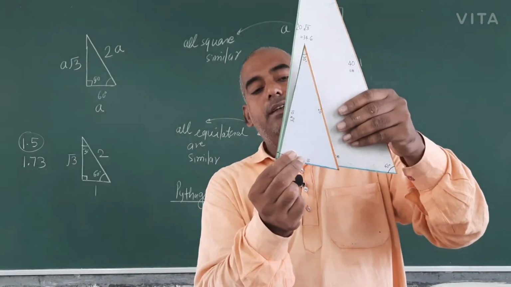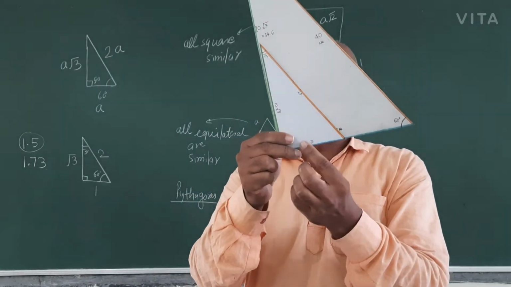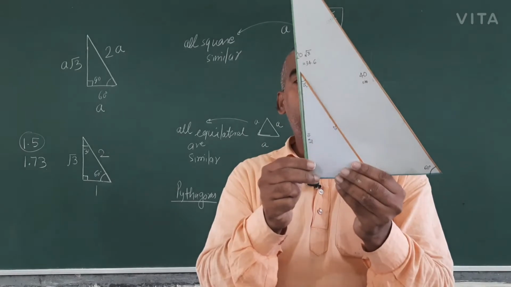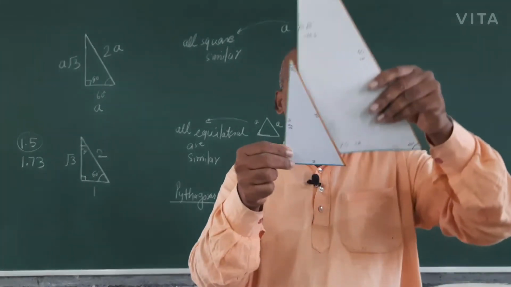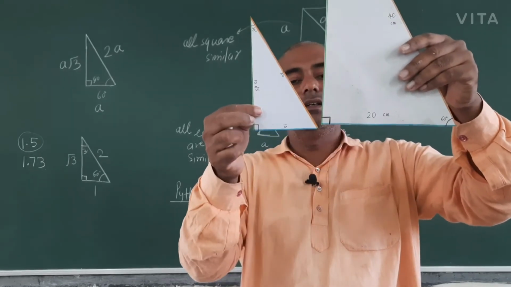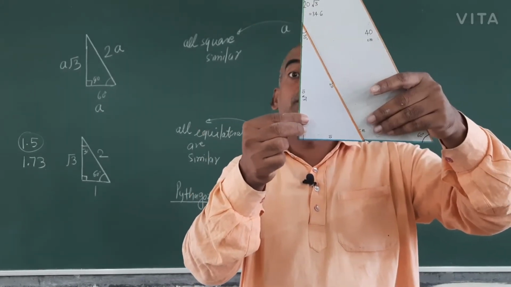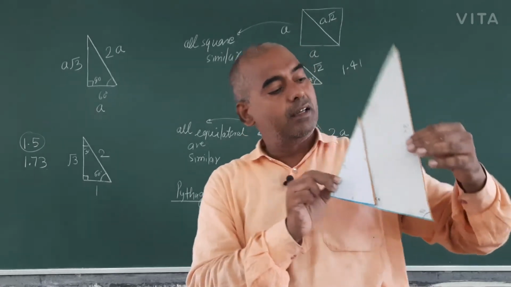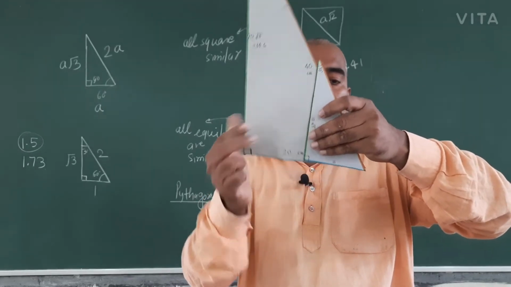This was 10, this was 10, so I have made it 20. Suppose I double it, if I double it to 20, all the sides will be doubled. This is 20 centimeter, this will be 40. I have written 40, yes, just double of this.